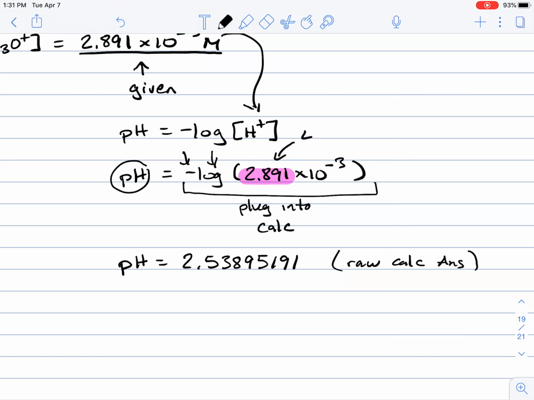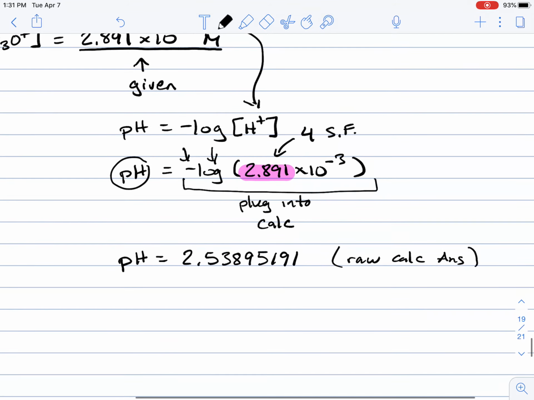So there are four significant figures before I plugged in that value to determine my pH, and I want to retain that same number of significant figures. However, since my function is not a multiplication, division, addition, or subtraction, my function is a log, the rules for sig figs change.